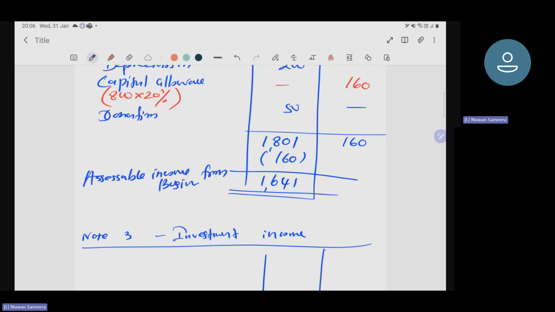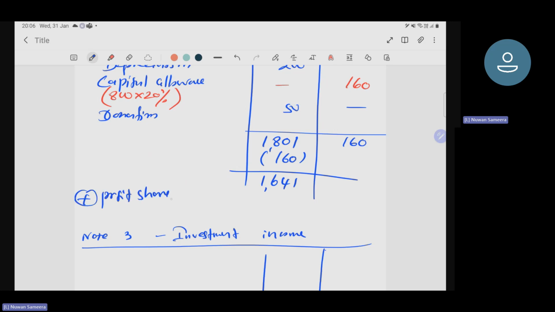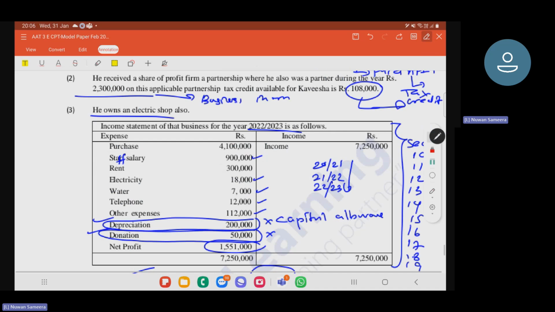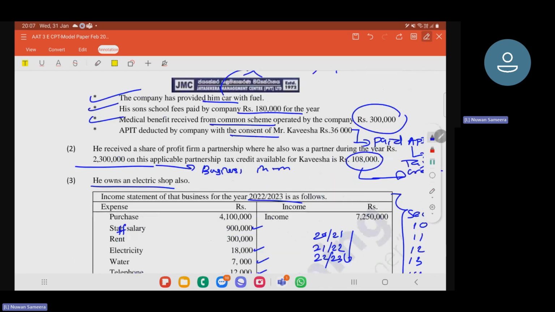Here I forgot to add something, right? You need to add the profit share of the partnership. There was a profit share from the partnership as well. You can remember. Then how much? 2,000. Then this was missed, right?